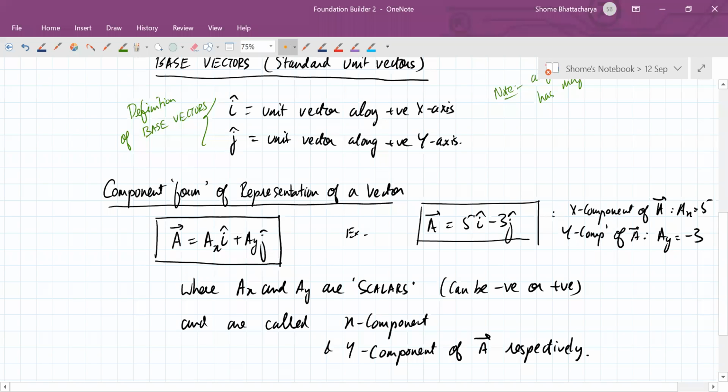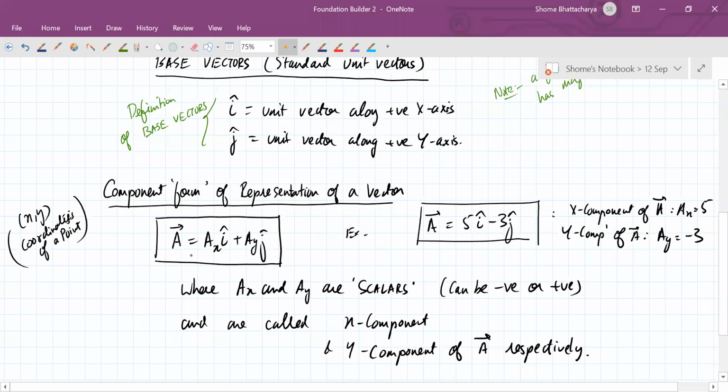So like I told you, the components can be positive or negative, but they are scalar quantities. They are not vector quantities. So any vector, when we represent it in component form, we write it like this. This is a bit like, when we represent a point in the xy plane, we represent it as coordinates x and y. Like that, these are coordinates of a point.